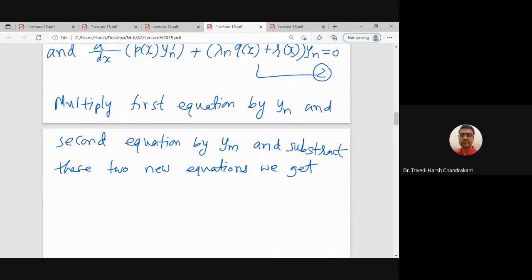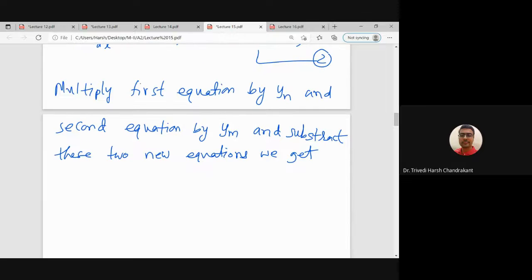So if we subtract, then we'll get the corresponding equation to be, yes, let us do that.